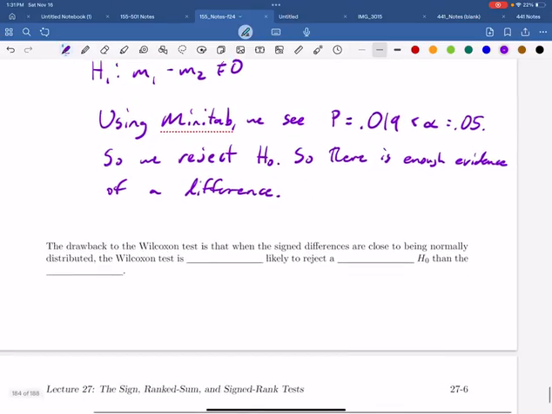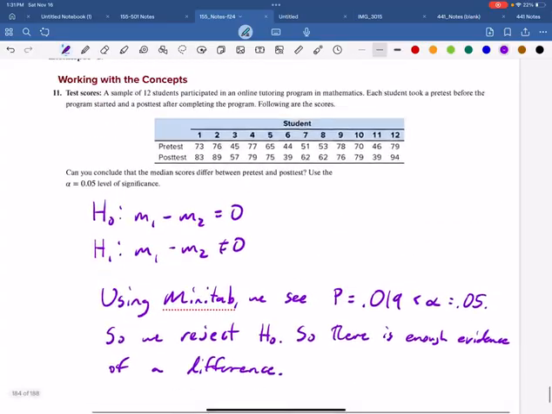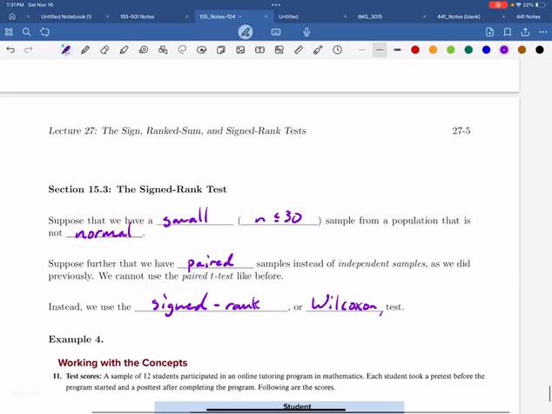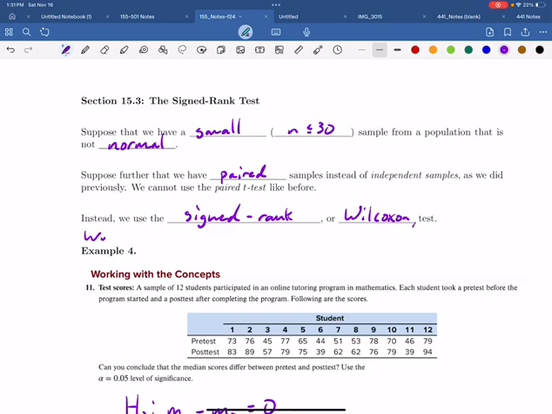Now, just really quickly, a drawback to the Wilcoxon test. When do we get to use the Wilcoxon test? I should also add that we do require that the population be roughly symmetric.